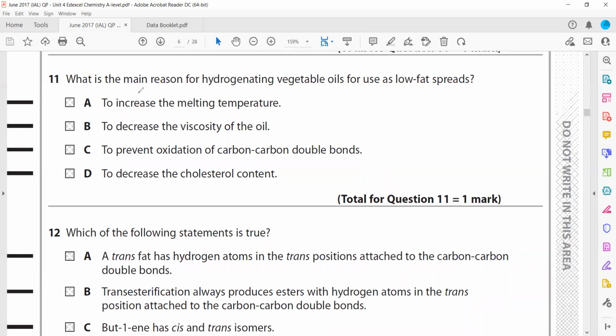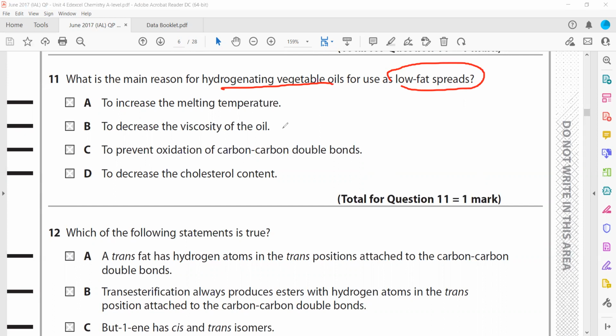Because what happens when we do hydrogenation, it increases the melting temperature. Maybe you have heard of saturated and unsaturated fat. So what is the main reason for hydrogenation of vegetable oil for use in a low fat spread? We don't want to spread them quickly.